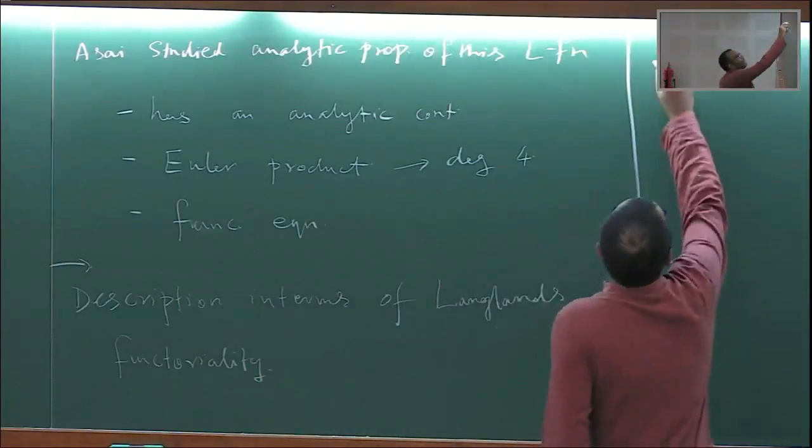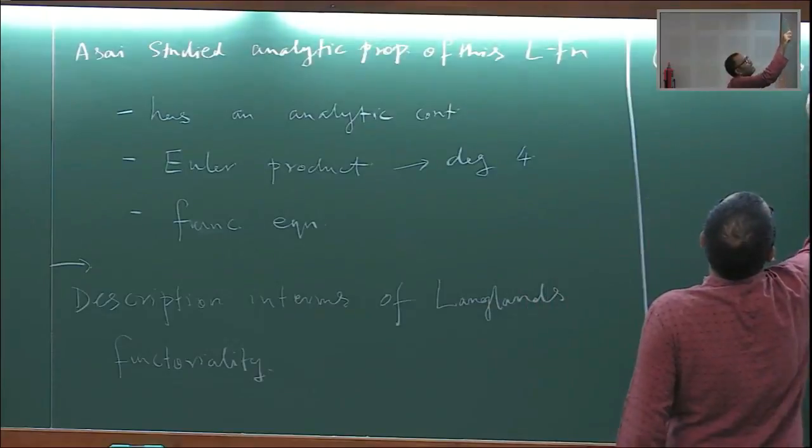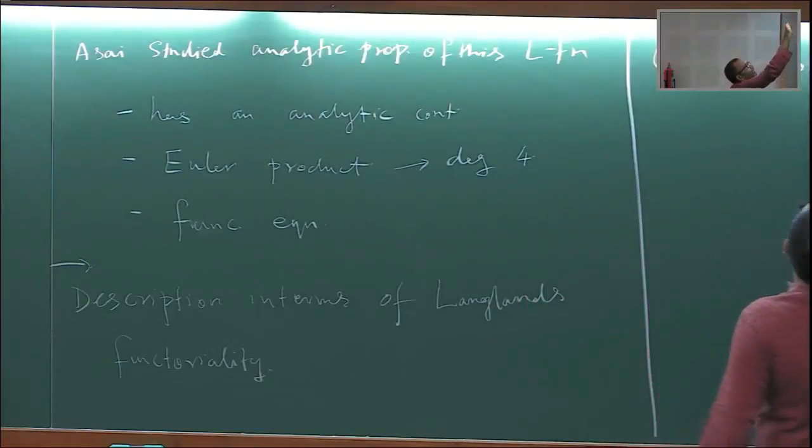So the two groups we are interested in are G1, which is the restriction of scalars from F to Q of GL2 over F, and G2, which is just GL4 over Q.